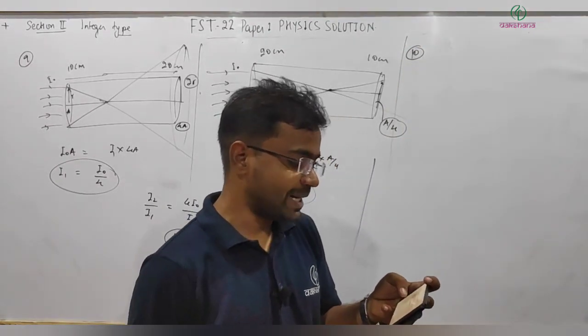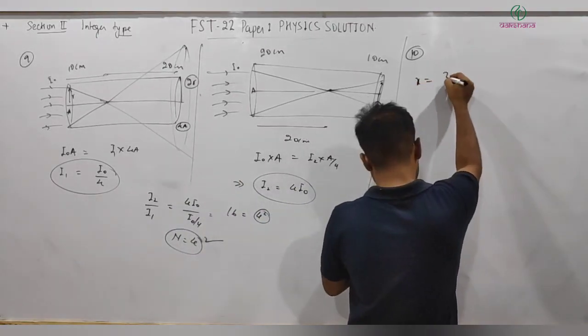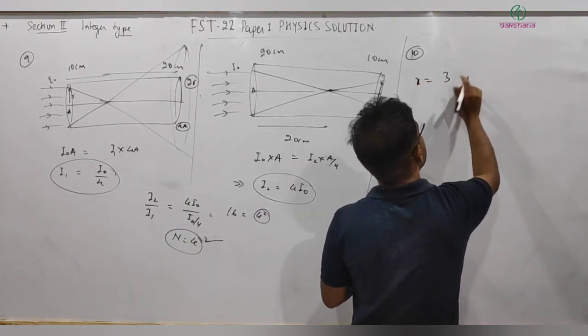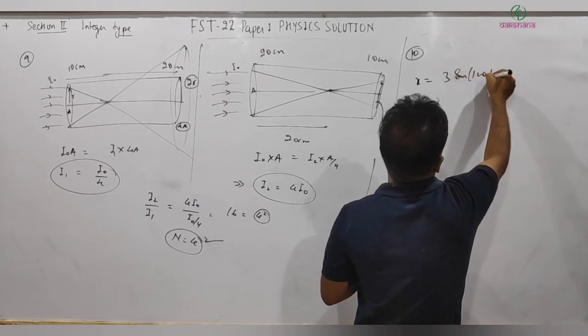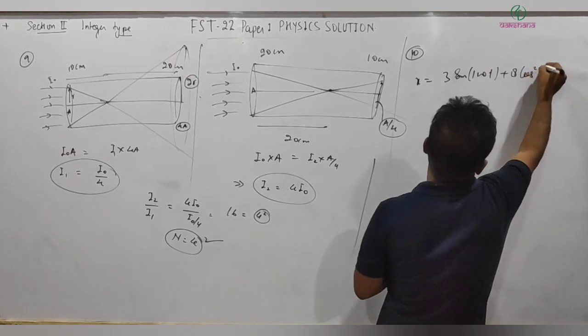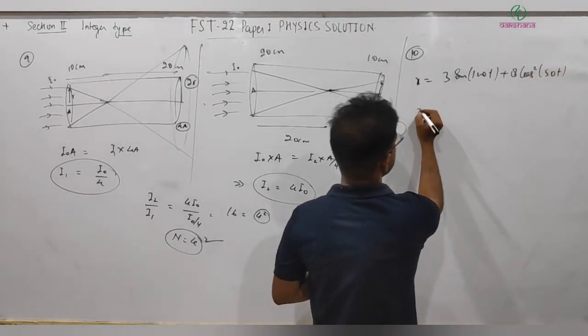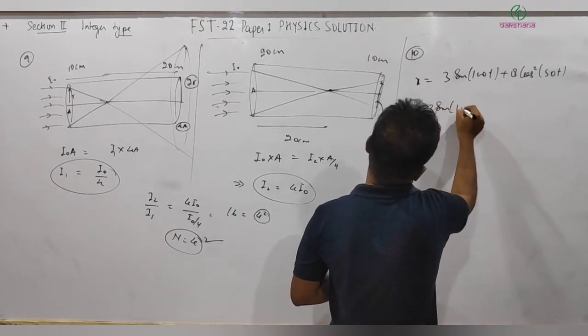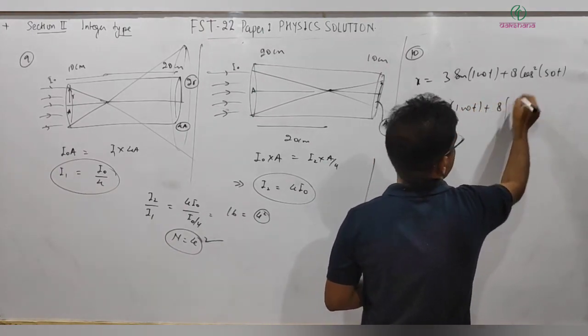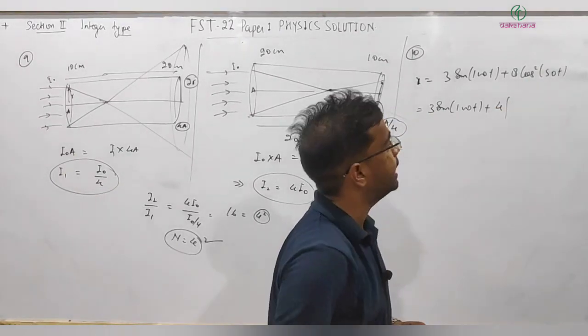The x coordinate of a particle moving on the x-axis is given by x equals 3 sine of 100 t plus 8 cos square 50 t. This is the expression. It can be rearranged a little bit. 3 sine of 100 t plus 8 cos square 50 t, I can write this as 4 times 2 cos square theta.